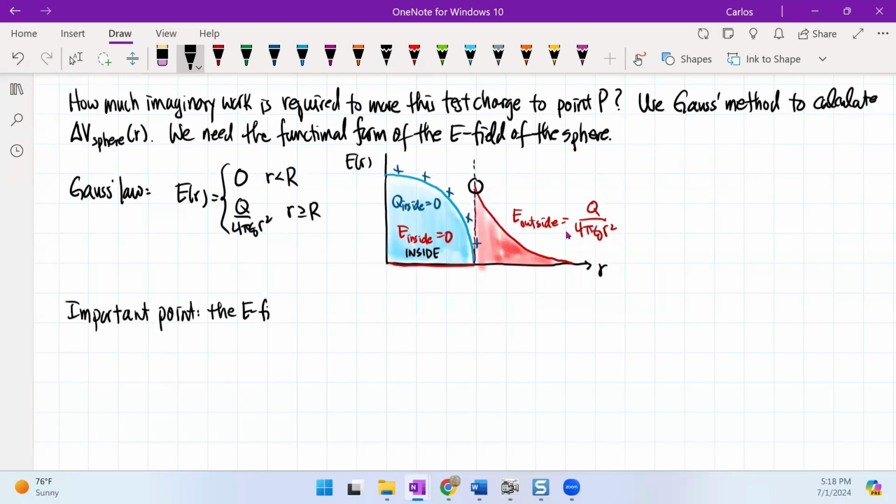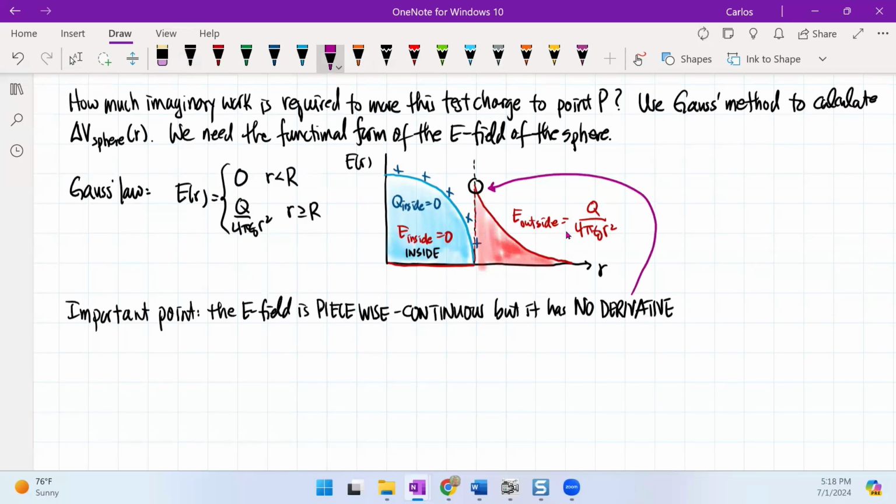The electric field is piecewise continuous, but it has no derivative because of the discontinuity. So I'm talking about this particular point at the boundary.